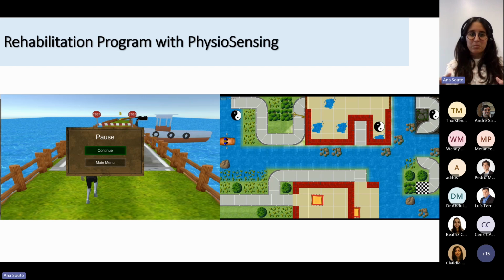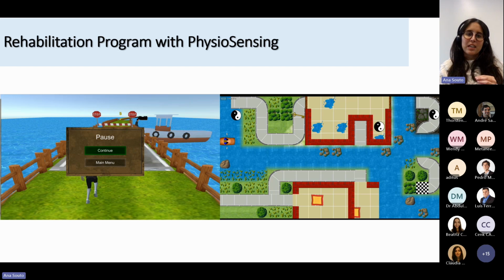So it's only medial lateral weight transfer with this game, and also for moving through obstacles, it will ask the patient to stand on top of one leg. And you can change some parameters of the game. You can ask to have more movement towards the right side or towards the left side to increase the time in unilateral stance to the right or to the left. So you can choose some specifications.